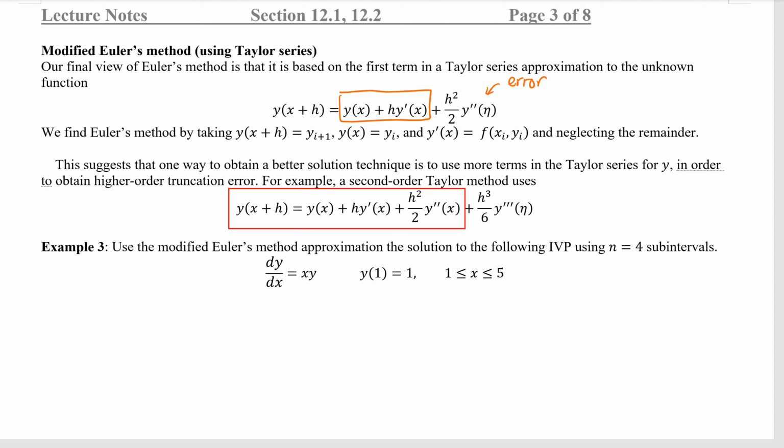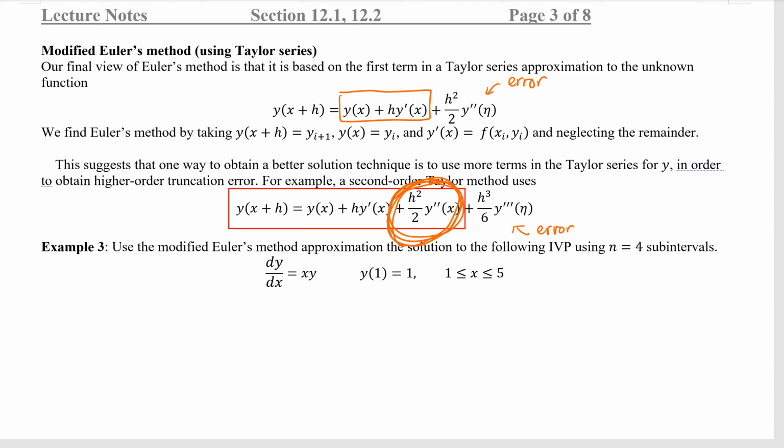Here we consider one more term, h squared over 2 times y double prime of x, and then this is our new error term.